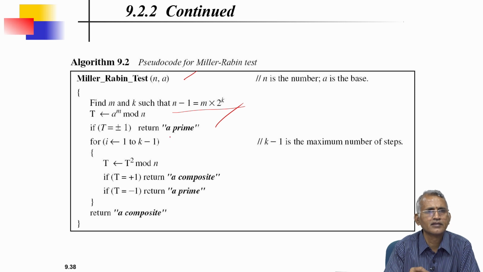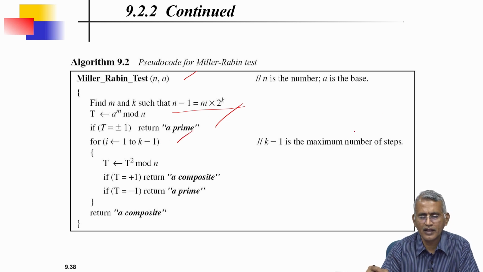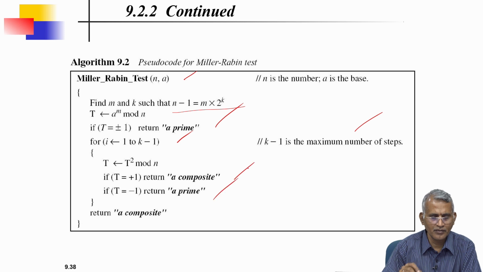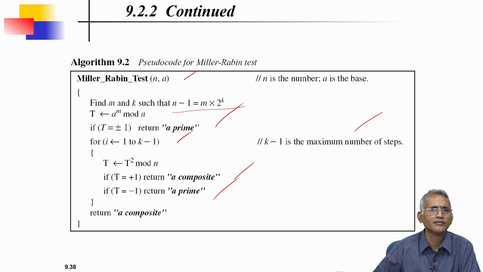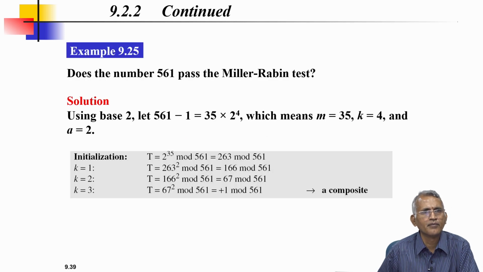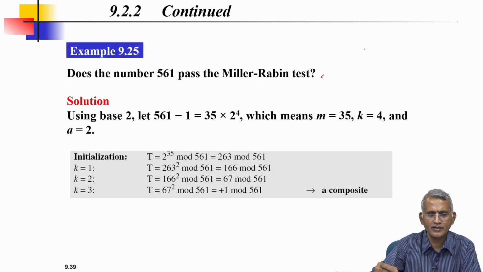For i going from 1 to k minus 1, where k minus 1 is the maximum number of steps, let t equal t square under modulo n. If t is plus 1, return a composite, and if t equals minus 1, return a prime. Therefore, we have to return a composite. Next, does the number 561 pass the Miller-Rabin test?